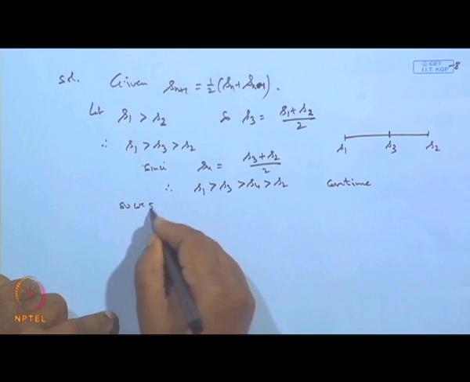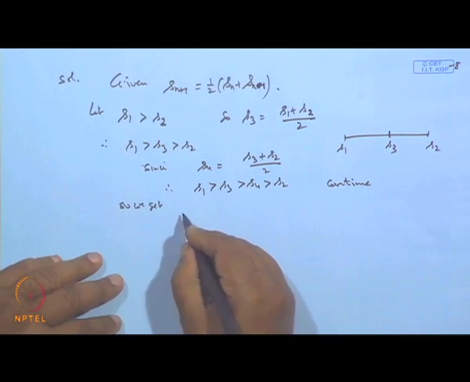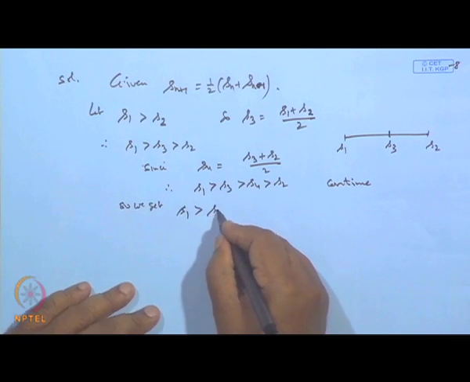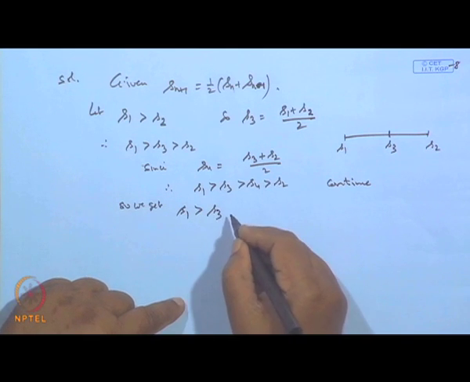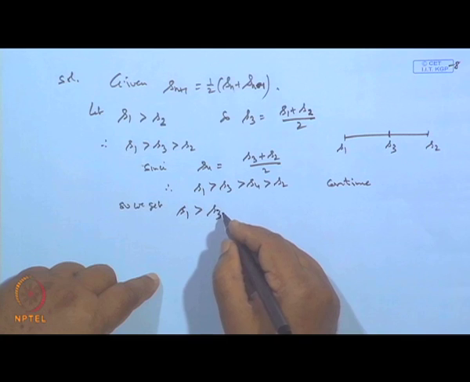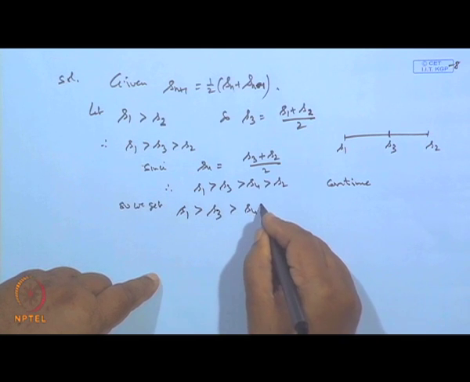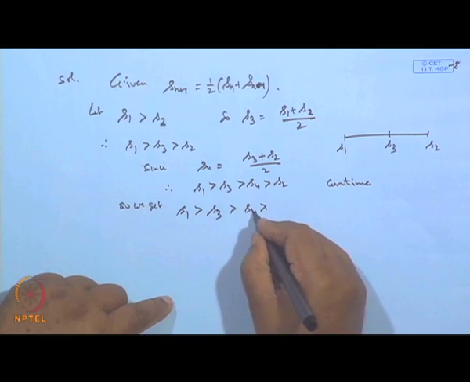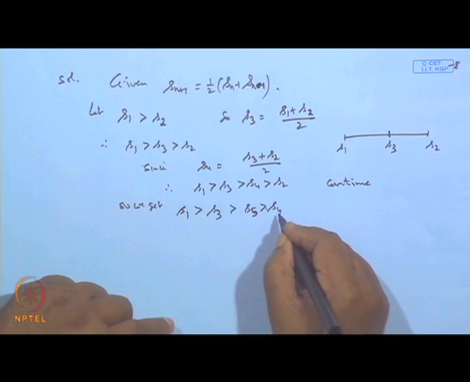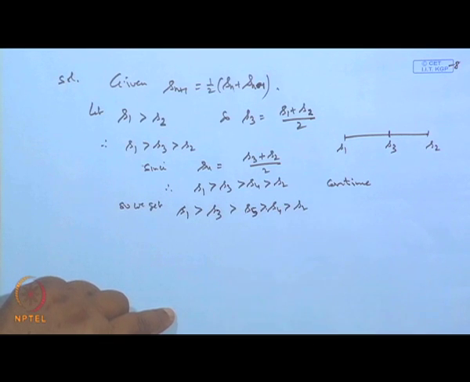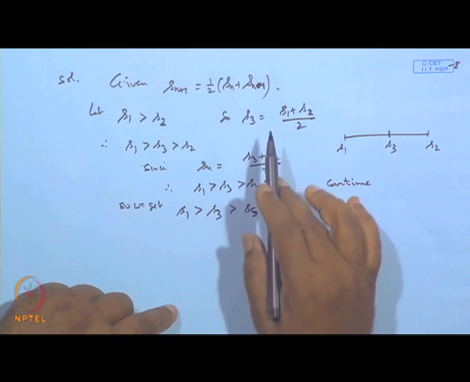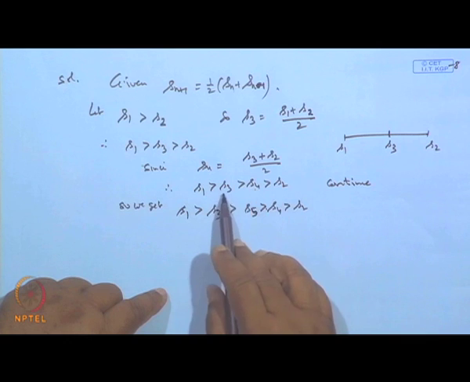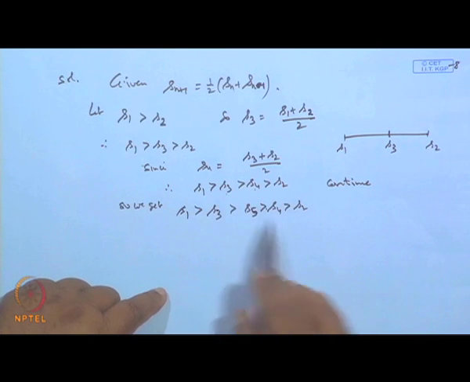So, we get a sequence S1 greater than S3 greater than S5 greater than S4 greater than S2, like this.